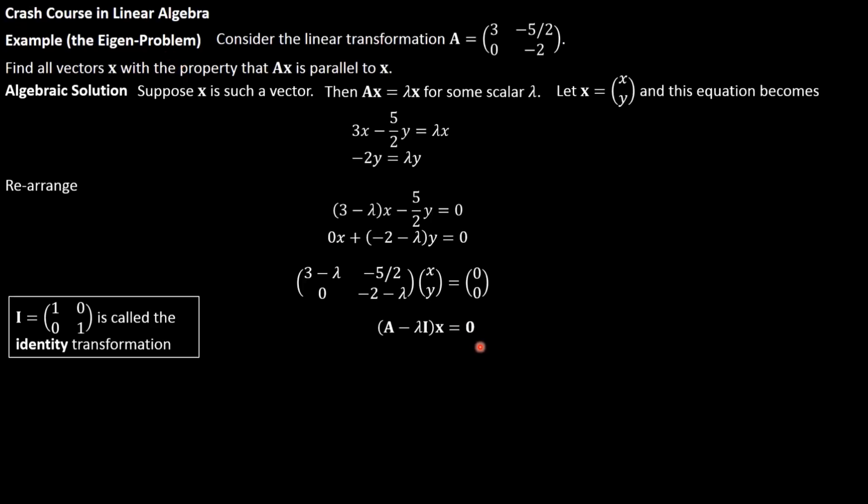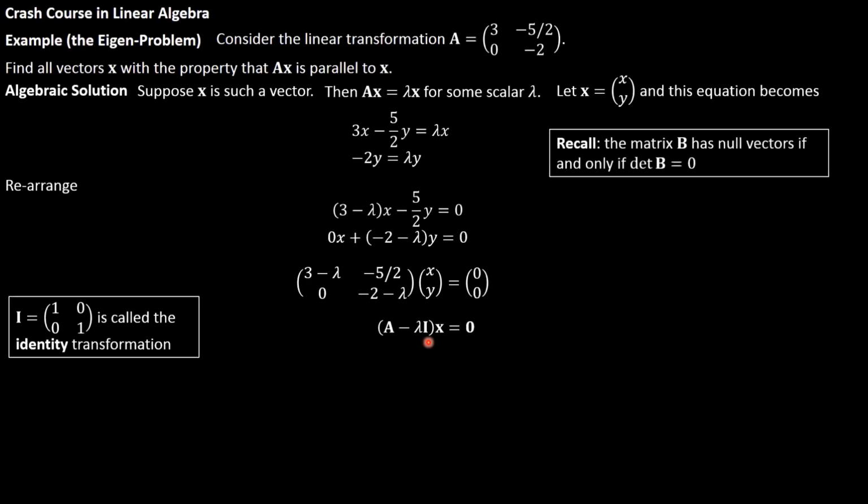But how do you solve this problem? Well, recall that if you have a matrix times a vector equals 0, that's saying that this vector is in the null space of this matrix. If you call this matrix B, B only has null vectors if its determinant is 0. So what this fact is saying is that this problem is only possible if we choose lambda such that the determinant of this matrix is 0.